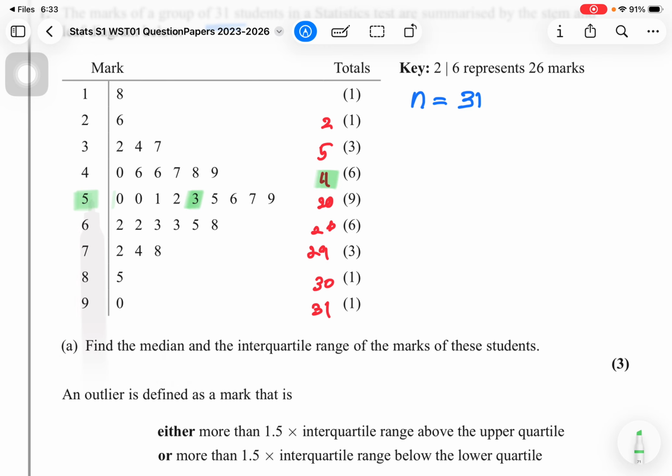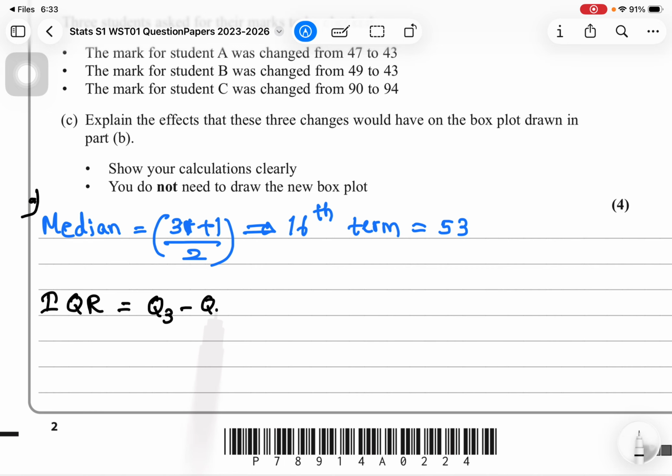Then they're asking us for the interquartile range. We know the interquartile range is Q3 minus Q1. Q1 is the (n plus 1) divided by 4th term.